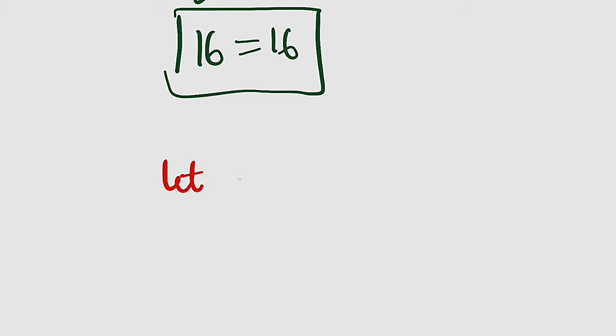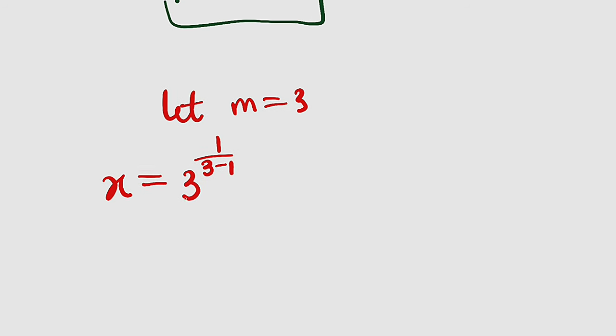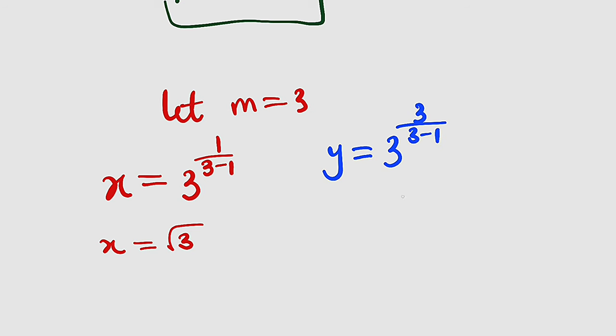Let m be equal to 3. x will be equal to m to the power of 1 divided by m minus 1. 3 minus 1 is 2. 1 divided by 2 here, right? And 3 to the power of 1 over 2 is the same thing as square root of 3. So x equal to square root of 3. But what about y is equal to m to the power of m, which is 3, divided by m minus 1.